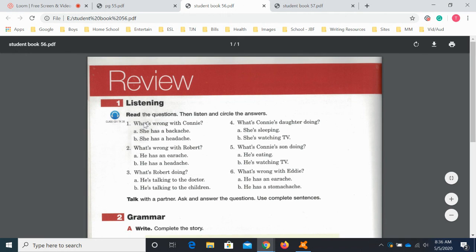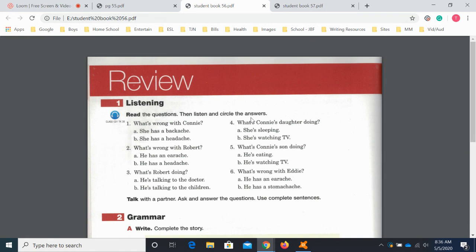And in exercise 1 of the review, it says read the questions, then circle the answers. So the first question is, what's wrong with Connie?